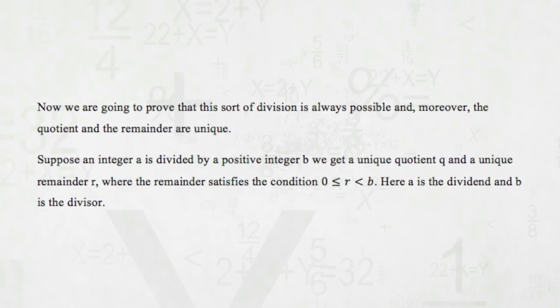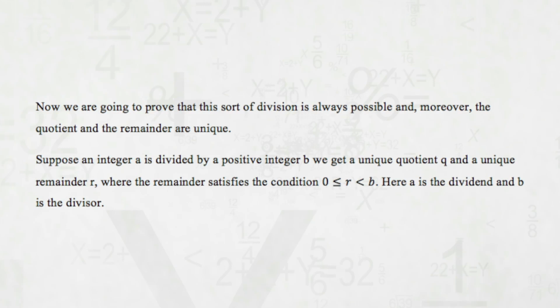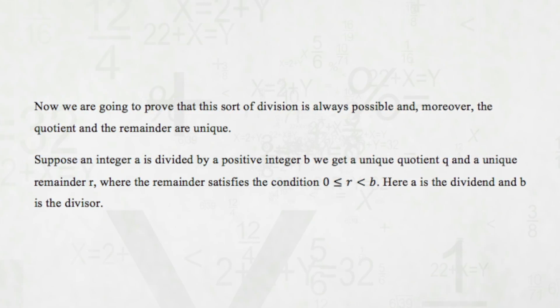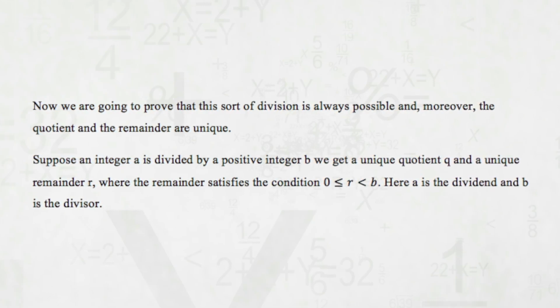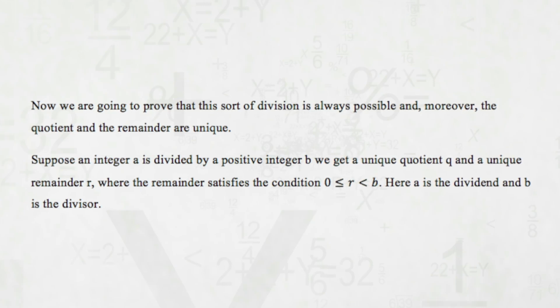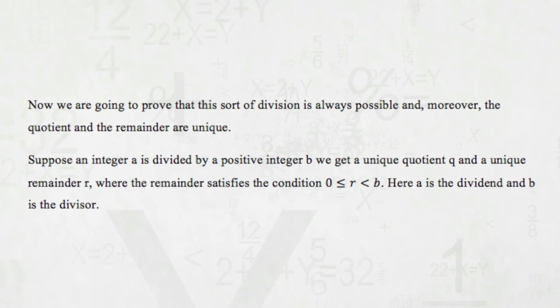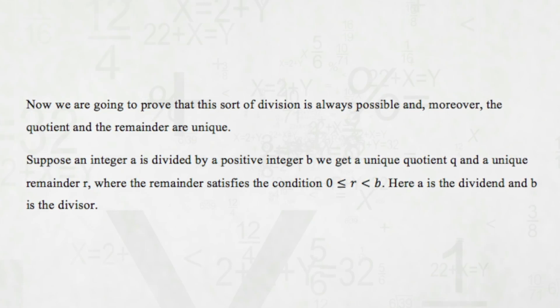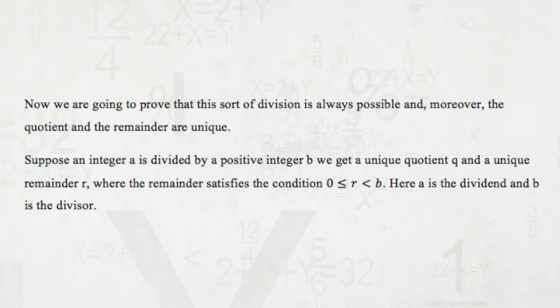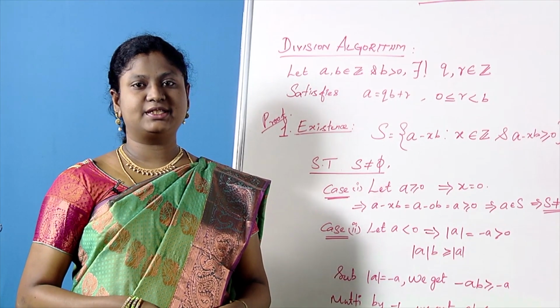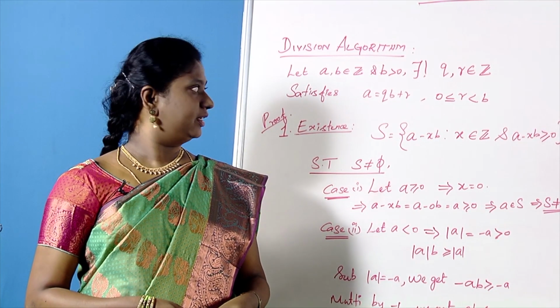Suppose an integer a is divided by a positive integer b, we get a unique quotient q and a unique remainder r, where the remainder satisfies the condition 0 is less than or equal to r, which is less than b. Here a is the dividend and b is the divisor. Before seeing some examples, let us see about the division algorithm.